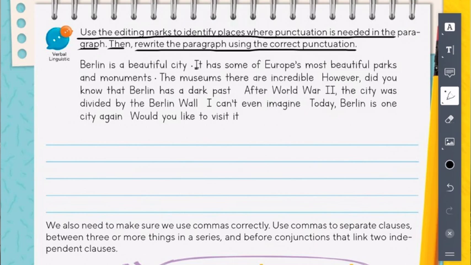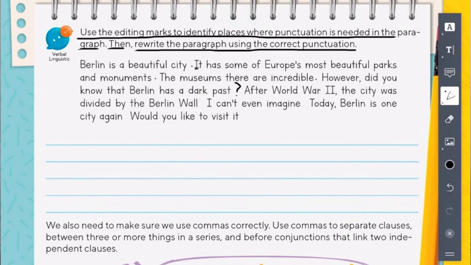Another period. Good. The museums there are incredible. Another period. However, did you know that Berlin has a dark past? We need a period or a question mark. Question mark, because this is a question.